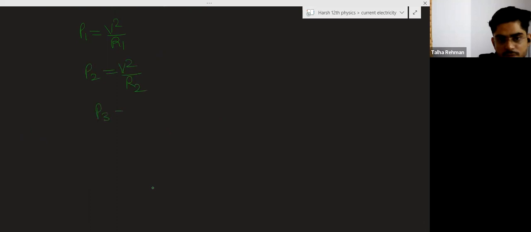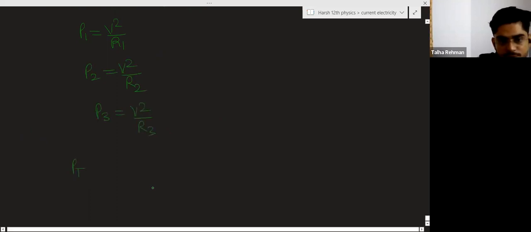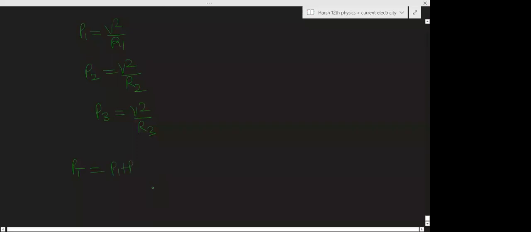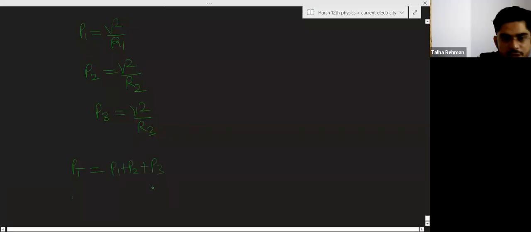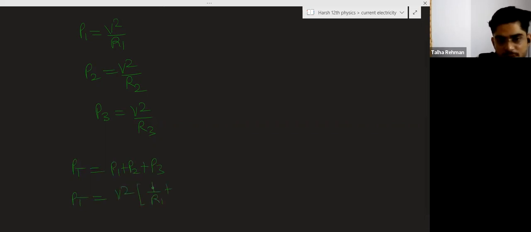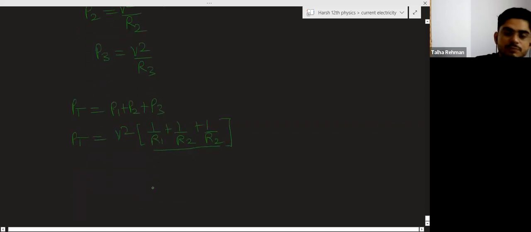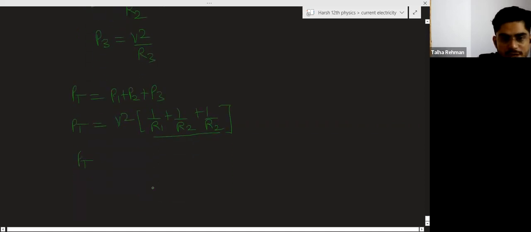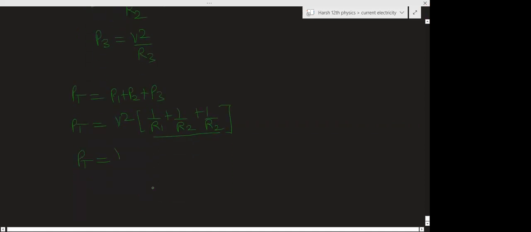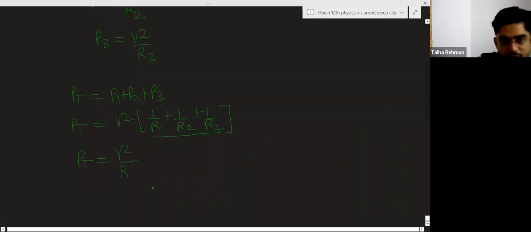P3 is V square by R3. Total power, P1 plus P2 plus P3. Now V square take common, then you will get 1 upon R1 plus 1 upon R2 plus 1 upon R3. And this is the equivalent resistance of the parallel combination. So power is V square by R equivalent, you can use this formula also.